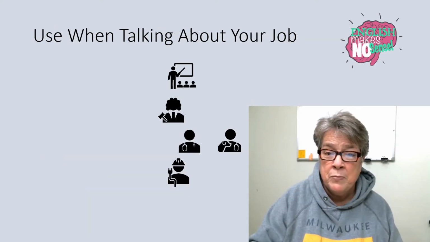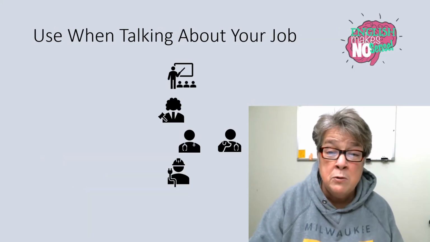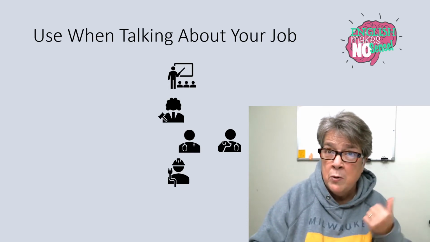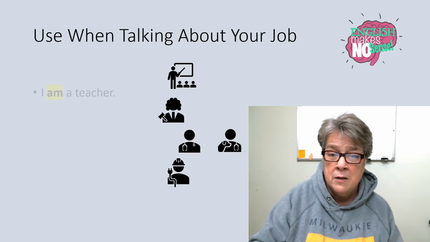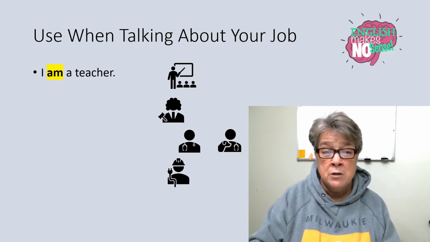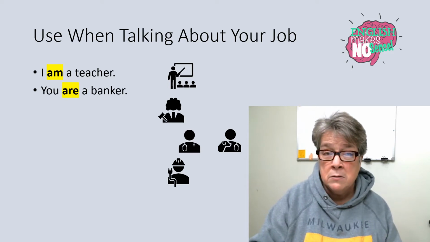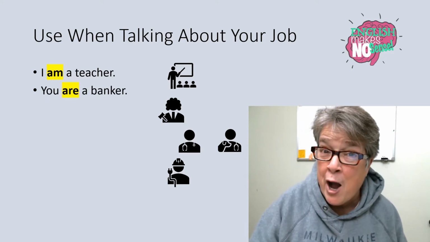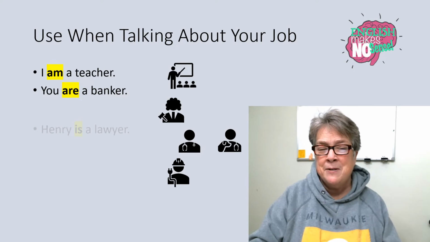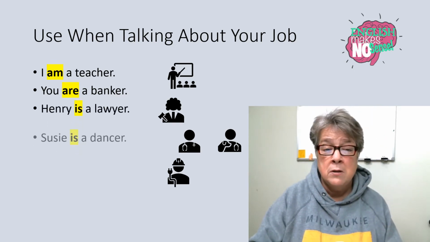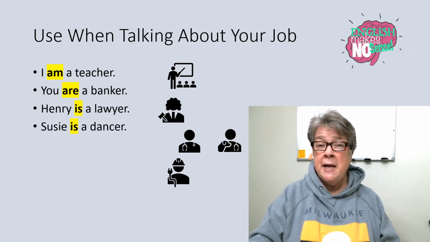When you use the verb to be when talking about your job, we did that on the other slide. I am a teacher. You are a banker. Or maybe you are something else. Henry is a lawyer. Susie is a dancer.